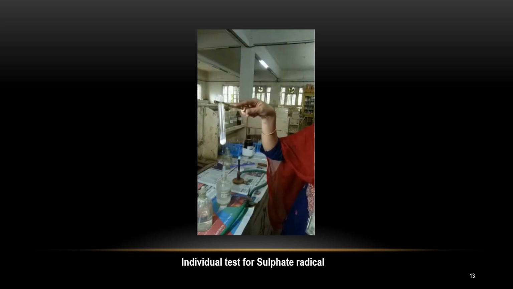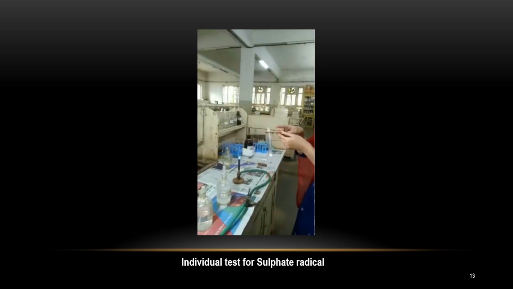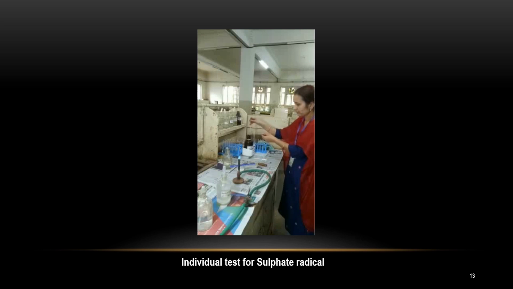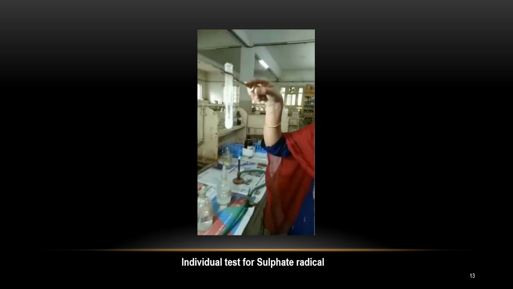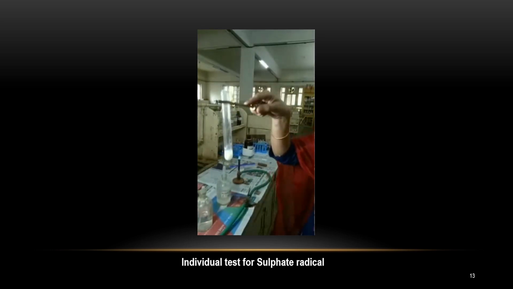a white PPT is obtained and it is insoluble in concentrated HCl. Therefore, see, after adding concentrated HCl it is insoluble and therefore sulfate may be present.